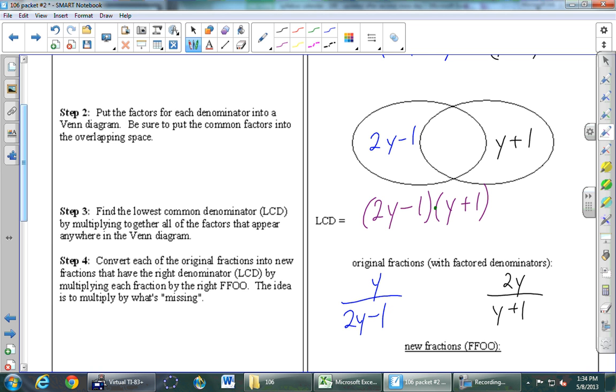And now again, we're looking for what's missing. So currently this denominator already has 2y minus 1. It's got this entire thing. What is it missing? The y plus 1. So we're putting that right over here in purple. Y plus 1. Everybody see it? Upstairs, what do we put? Same thing. See if you can figure out what to multiply the other fraction by. Ask yourself what's missing in that denominator.